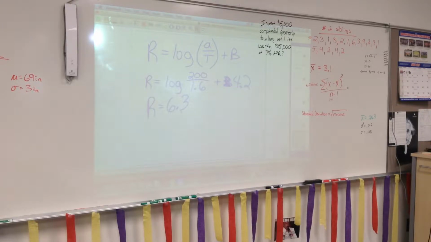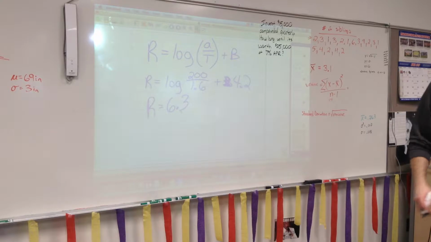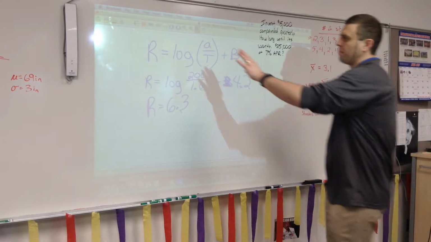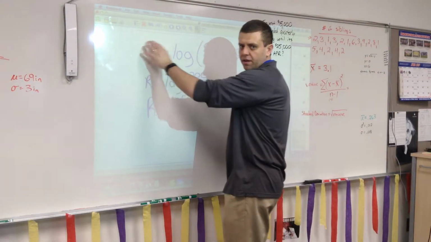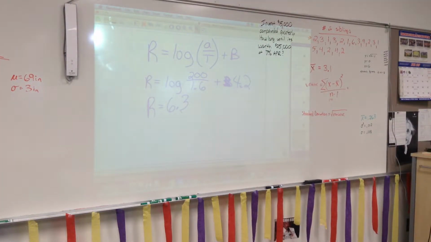Alright. How much more intense is an earthquake with a magnitude of 5 on the Richter scale than an earthquake that measures a 4 on the Richter scale? Explain how you determined this result. How much stronger would an earthquake that measures a 5 on the Richter scale be than one that measures a 4?